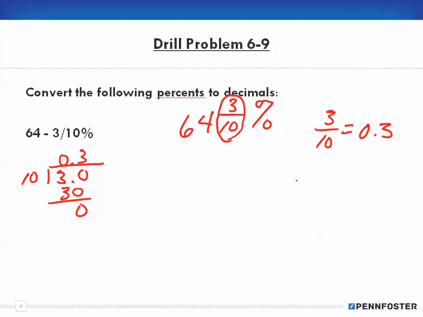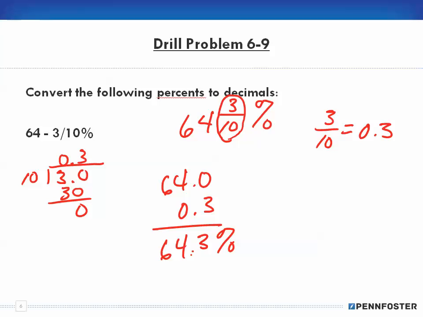The fraction is equal to 0.3 as a decimal, and since I have 64 as a whole number, I can add the 0.3. I end up with 64.3, but we're still talking about this as a percentage, and that's all of the math to convert this 64 3/10 into a number that we can work with as a percent in order to be able to convert it into a decimal.